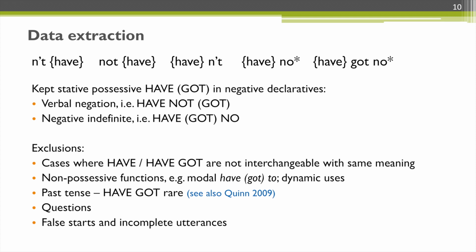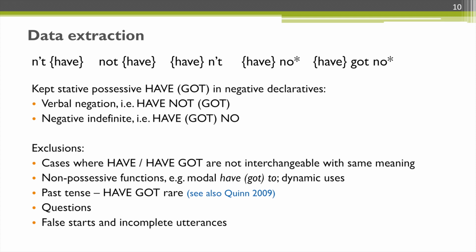When you get the results, of course you get a lot of noise as well. So I excluded any cases where have and have got are not interchangeable with the same meaning. Any non-possessive functions, so modals like I've got to go, dynamic uses like I have breakfast every day, because they don't mean the same thing.